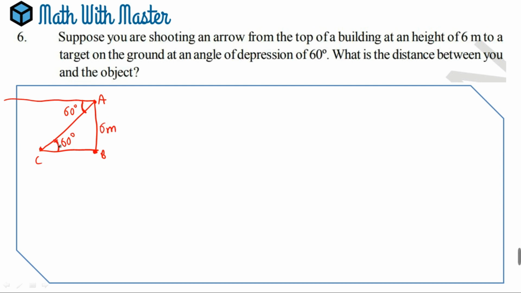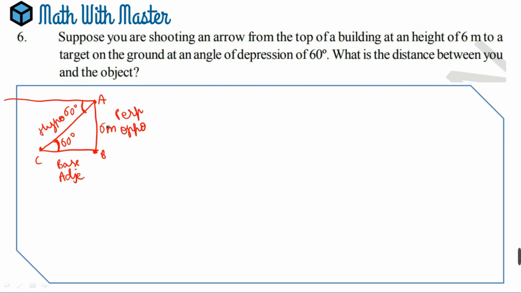So for angle C, we should find perpendicular or opposite, hypotenuse, base or adjacent. So AB is perpendicular or opposite, BC is base or adjacent, and AC is hypotenuse.